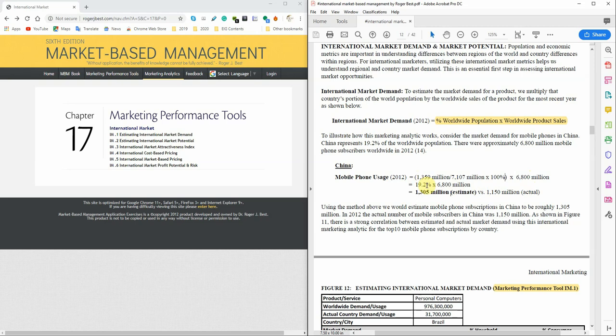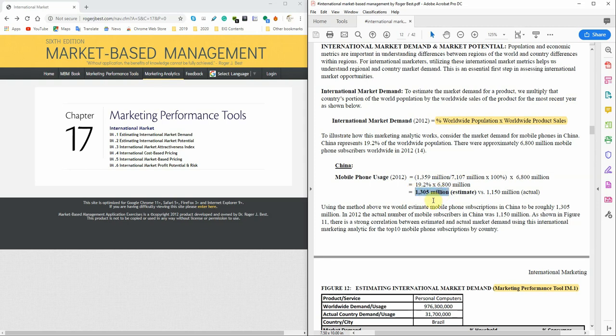The population of China is 19.2% of the world population. So this indicates the size of the Chinese market as an estimate. When we multiply the percentage and the worldwide product sales, this is an estimate of international market demand.